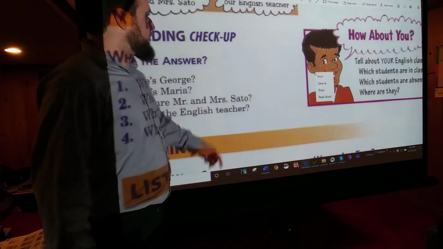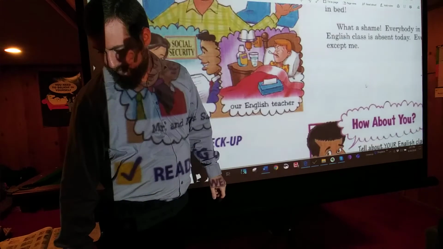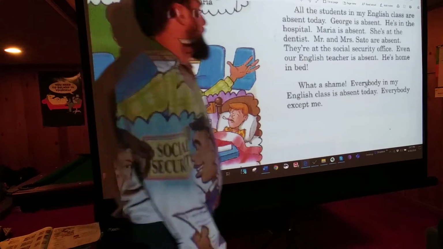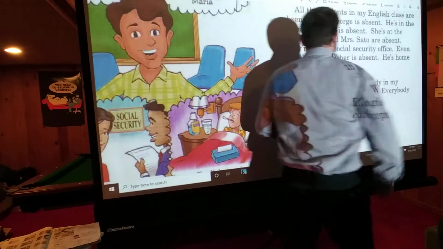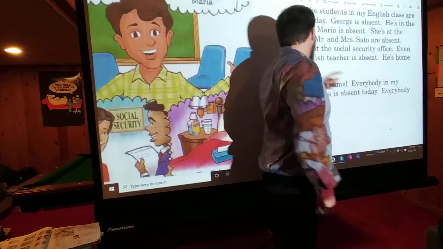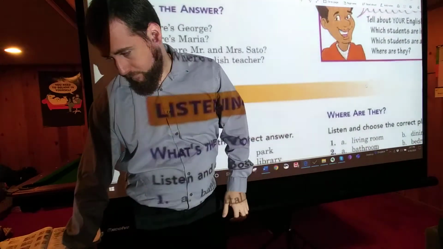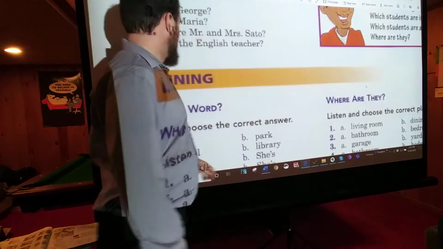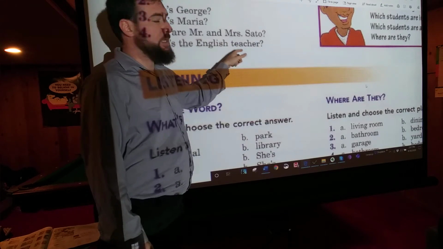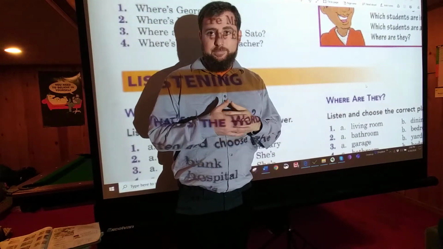Where's the English teacher? Even our English teacher is absent. He's home in bed. Where's the English teacher? He's home in bed. All right, did you get all of that?